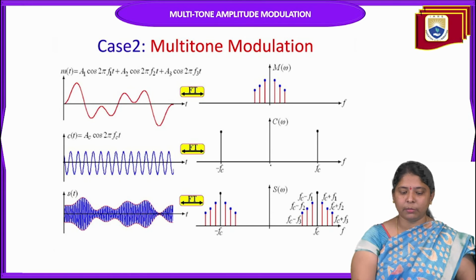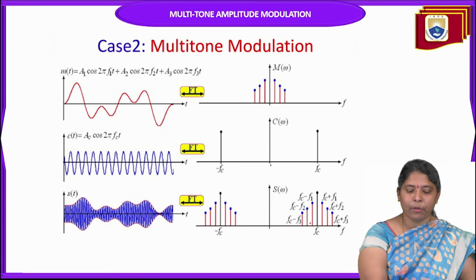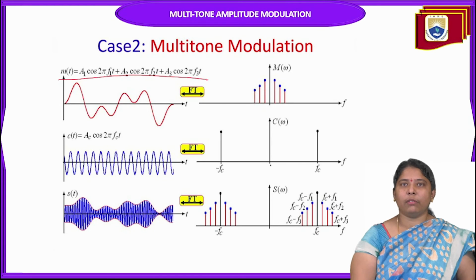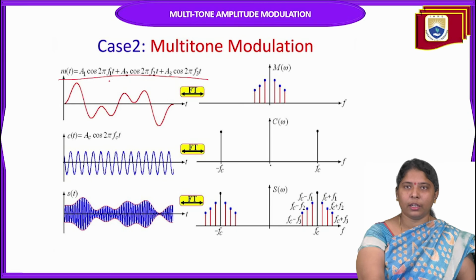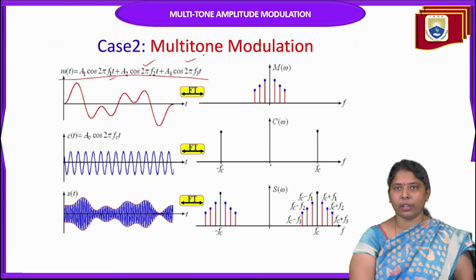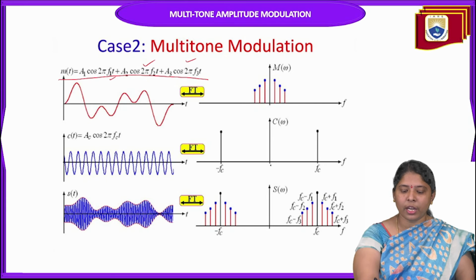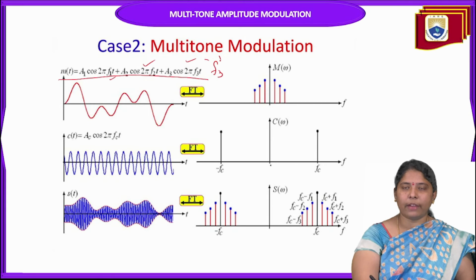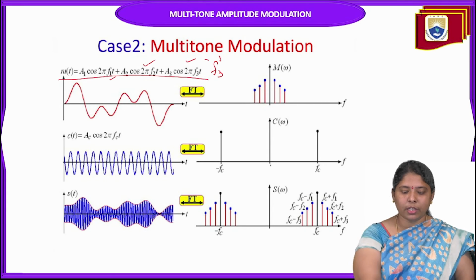This is the spectrum here. You can observe that m(t) contains more than one frequency. In the figure there are three different frequencies, f1, f2 and f3. Consider f3 as the highest frequency among f1, f2 and f3, and this is the carrier signal.